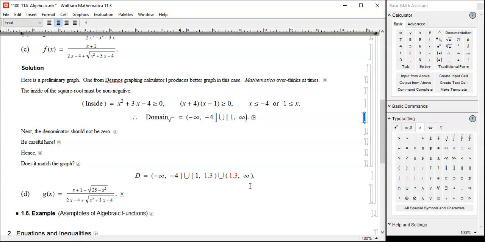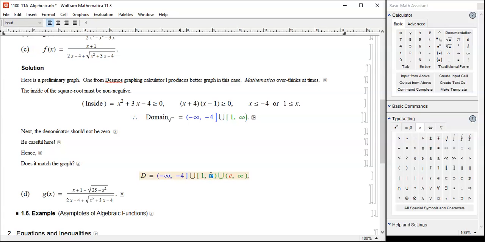Now, let's bring this one back here. -infinity to -4, this one's right here, all set. Now 1 to infinity here, this one, and 1 to infinity is all here, but among this, there's going to be a certain number pretty close to 1.3, not exactly sure which one just yet, that has to be excluded.